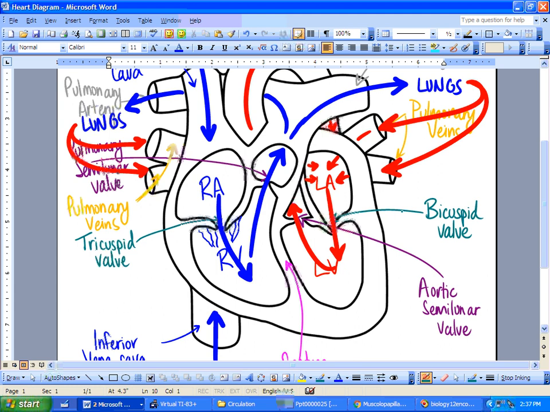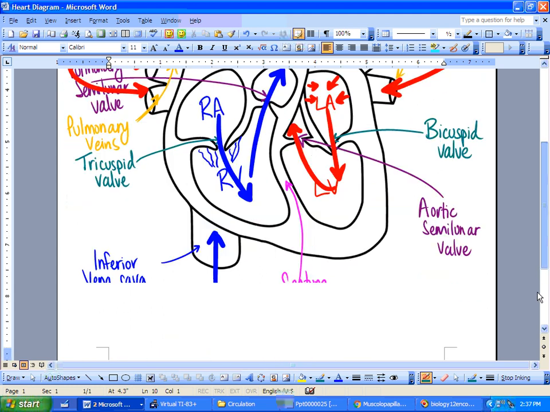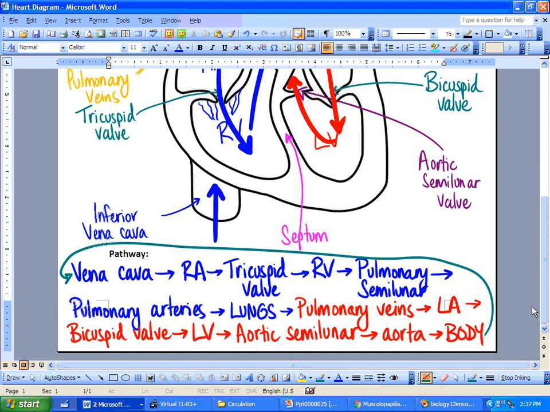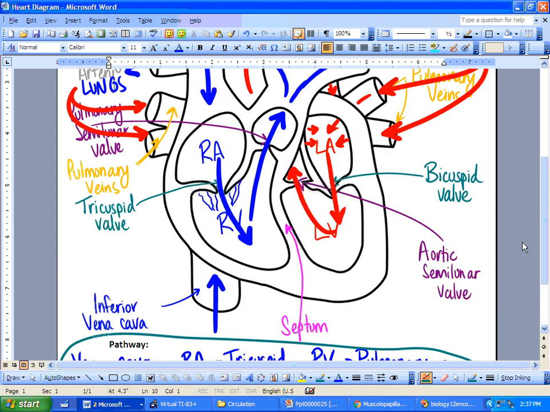And you will be responsible to come up with a list like I did right here, the pathway, all the way from vena cava through to the body, back to the vena cava. So feel free to print yourself off maybe another one of these, or do a quick sketch of a heart and try it one more time.